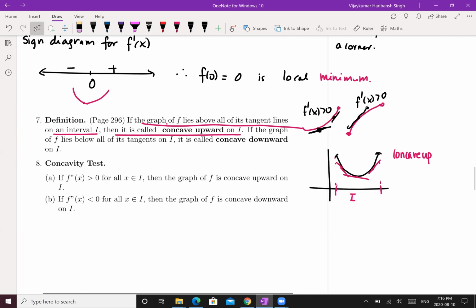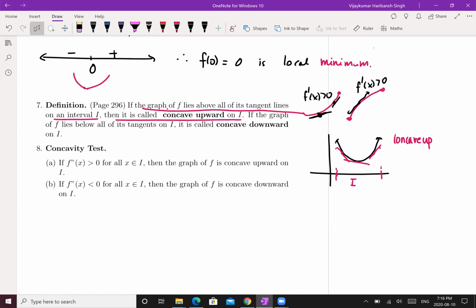Now we want to understand how to capture that scenario. So let's see whether the derivative can really capture this. We already saw that the first derivative cannot distinguish between these two. But notice the following.